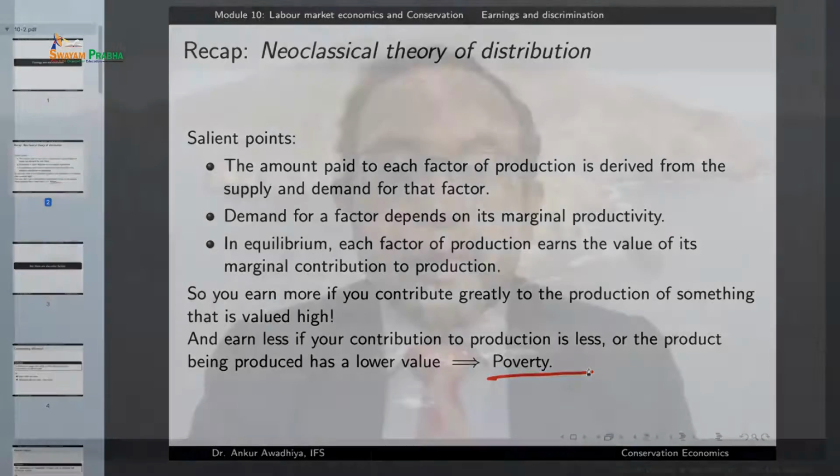So in the previous lecture we were analyzing what causes poverty, because we had seen that poverty is intimately related to conservation. Now, this is because if the society is poor, then in a number of cases we have observed that the population size will increase, people will have less per capita resources, which would mean that their marginal productivity will be less. And to feed the large population, or to get resources for the large population when the marginal productivity is less, the only option would be to expand into the forest areas.